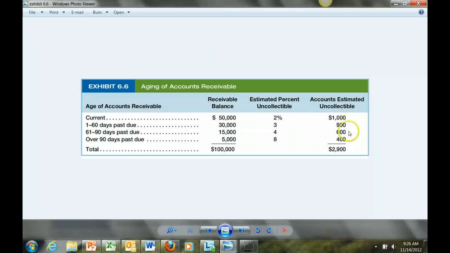So we make those extensions for each category of age of accounts receivable, and we see now of the $100,000 receivable balance, the firm estimates that $2,900 will be deemed uncollectible. Next, we must figure out how to record this in a proper accounting entry.